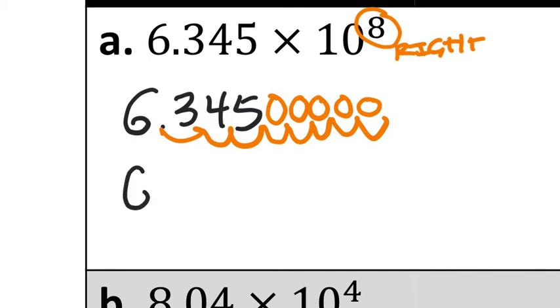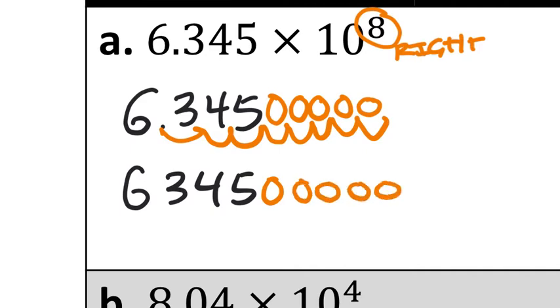So what do we end up with this? So 6, 3, 4, 5, and then I counted 5 zeros. 1, 2, 3, 4, 5. And then yes, some people prefer to see the commas to show each period. So that's 634,500,000. We did it.